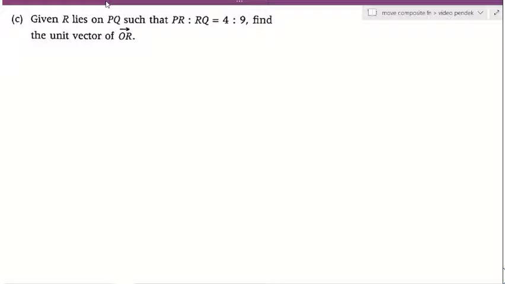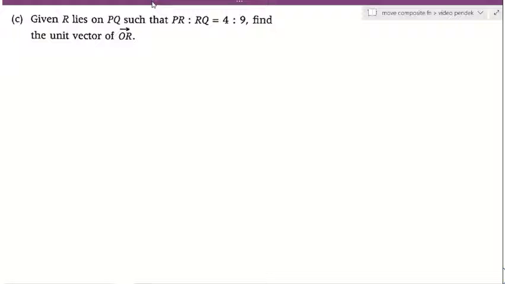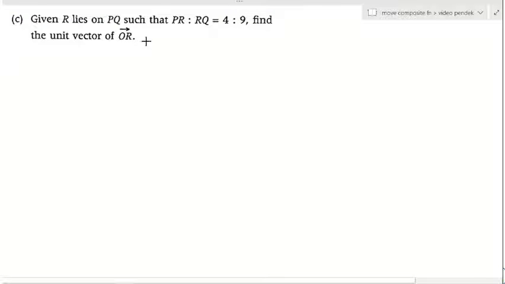Okay, in maths, if you see a ratio like this related to a straight line or any shape, we try to draw the straight line or the shape.